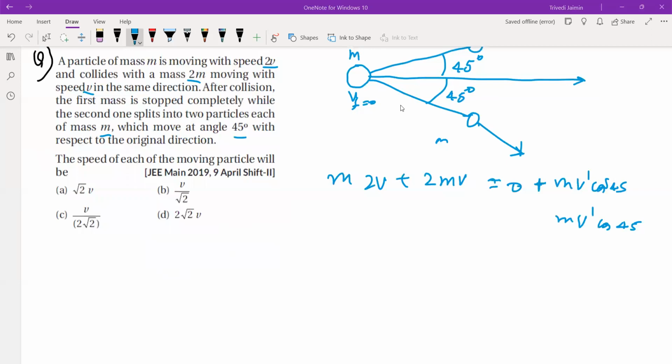And this side is 4 times. 4mv equals to 2mv dash cos 45, cos 45 means 1 by root 2. Okay, yeah, it will get cancelled, 2 and 2. So v dash is 2 root 2 times v. Yes, correct option. I will say it's correct.